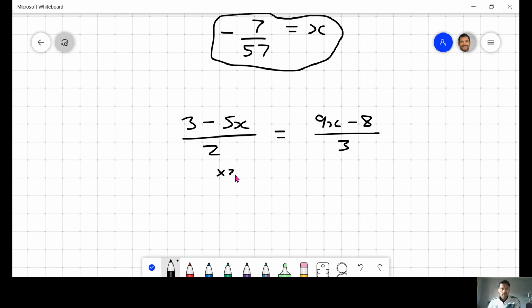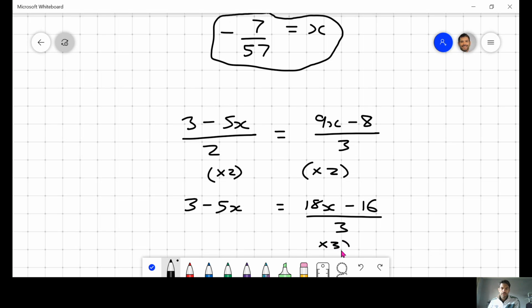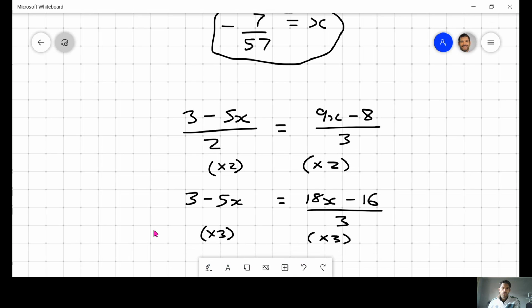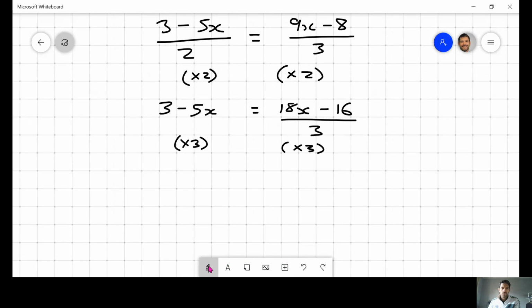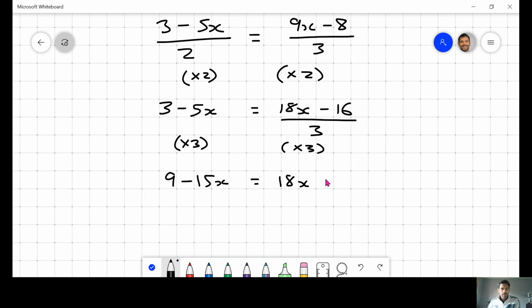So I'm going to times 2. 3 minus 5x equals 18x subtract 16 all over 3. I'm going to times by 3. 9 minus 15x equals 18x minus 16.